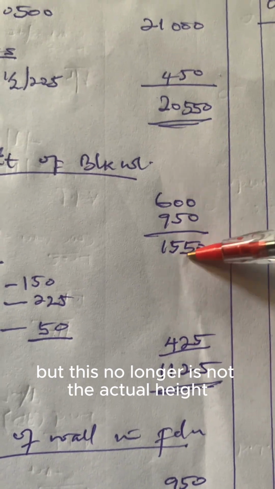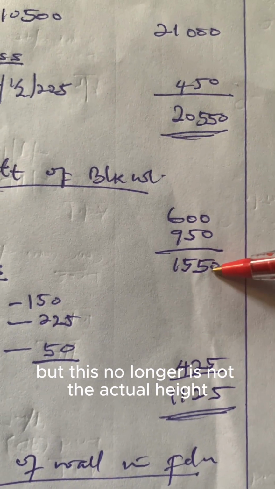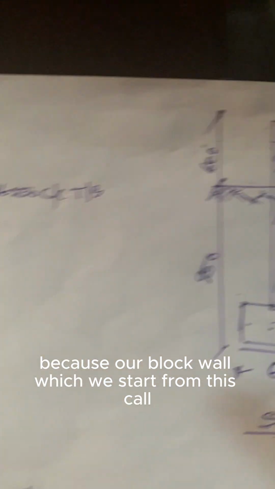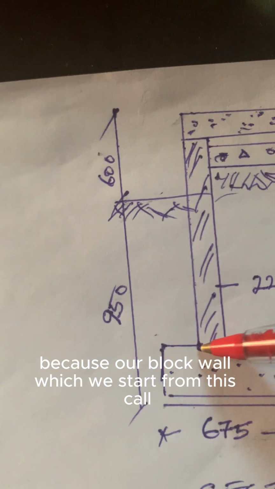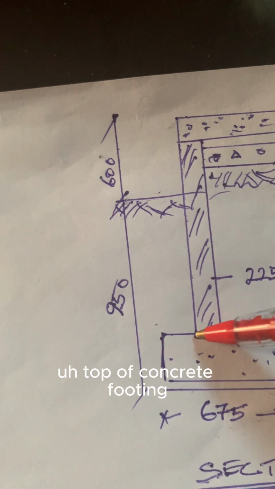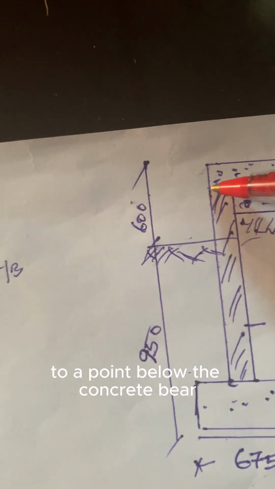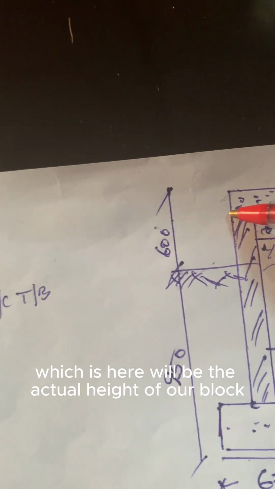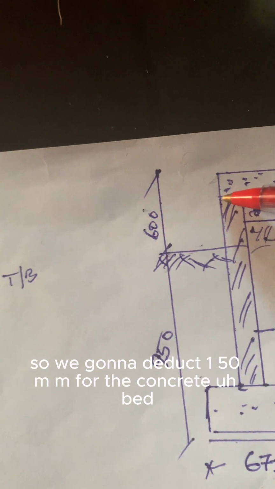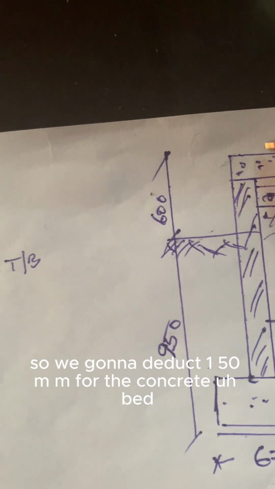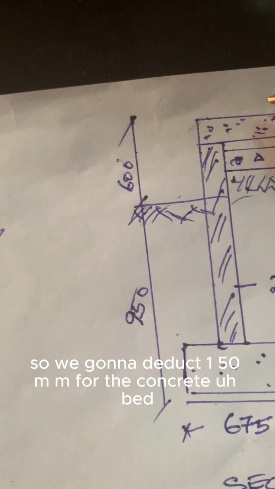But this is not the actual height of the block wall in foundation, because our block wall starts from the top of concrete footing to a point below the concrete bed, which is here, and that will be the actual height of our block wall. So we're going to deduct 150 mm for the concrete bed.